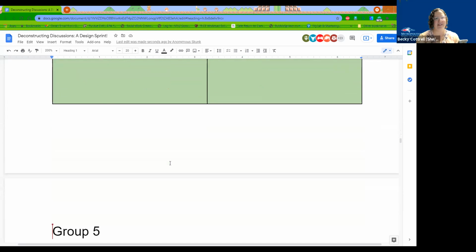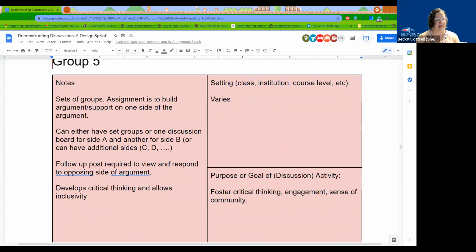Group 5? Ours is similar to group 2, where it could be any course level, any class, where there are 2 sides to debate, and we allow the students to choose their side. So we would set up a discussion with a side A thread, a side B thread, or however many sides, and they get to choose, and they have to support their argument.